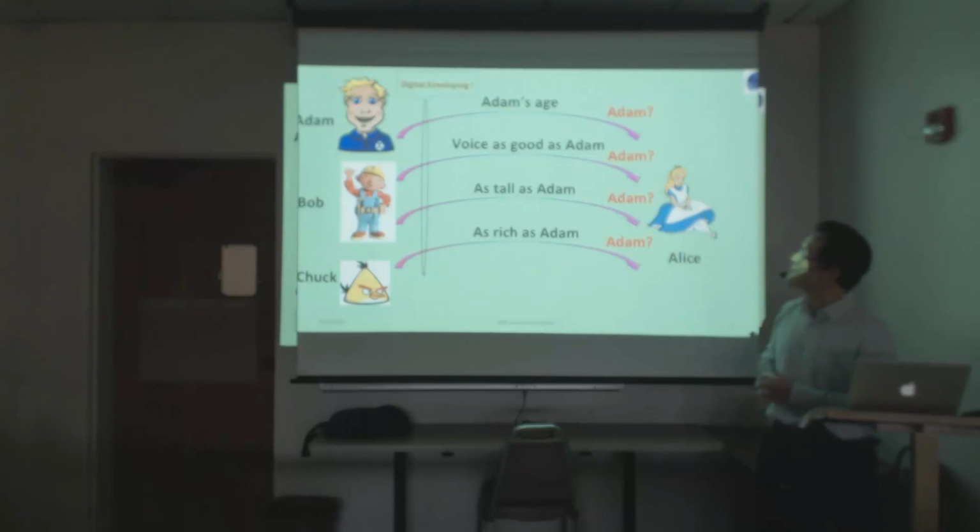So it reads like this. "I'm SO at Adam." Okay, so could this be Adam? "I have a voice as good as Adam." Okay, so it must be Adam who sent me the message. "I'm as tall as Adam," so this must be Adam. "I'm as rich as Adam," and so this guy must be Adam.